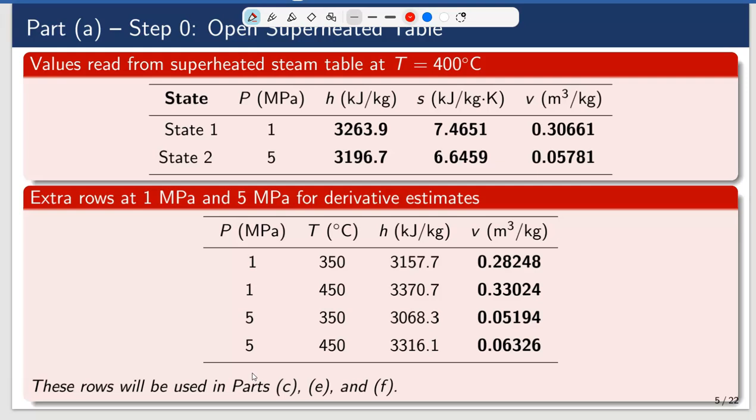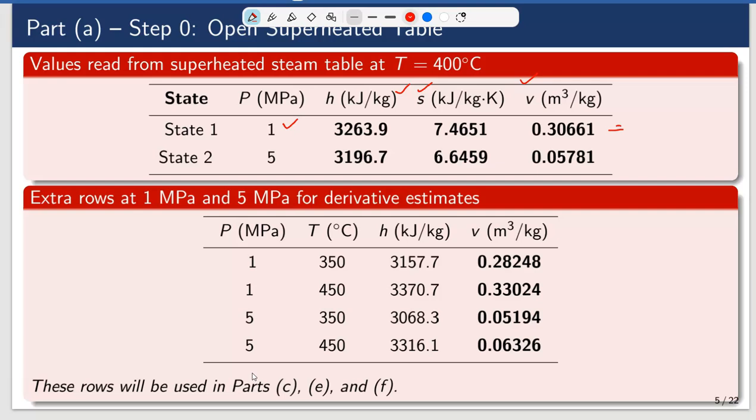So first we need the steam table data from the superheated steam table at T equal to 400 degrees centigrade. So state 1 megapascal and 400 degrees centigrade. So H, S and V we can get from the steam table. And similarly state 2, 5 megapascal and T equal to 400 degrees centigrade.